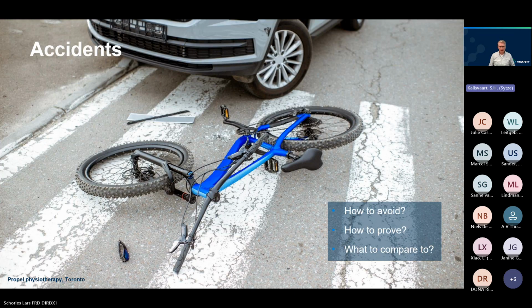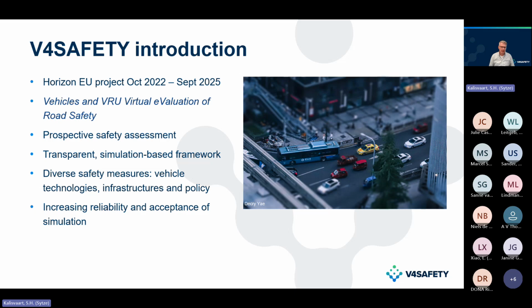Good. V4Safety is all about accidents. So how can we avoid them? How to prove that the safety measures that we take are actually better? And what do we compare to? So what is the original situation that we want our improved system to compare to? Those are some key questions for V4Safety.